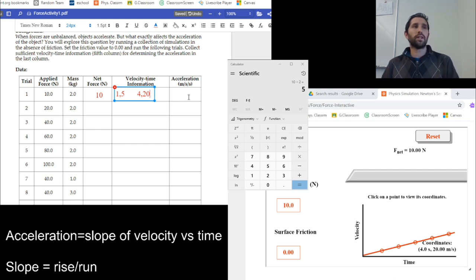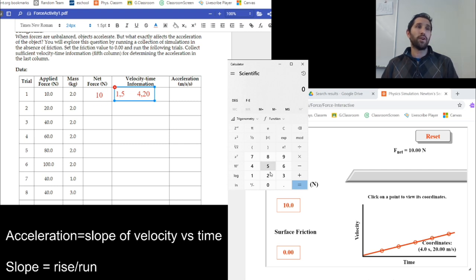To get the acceleration, I need the slope. Remember, slope is rise over run. So you're going to do y2, which is 20, minus y1, which is 5, over x2, which is 4, minus x1, which is 1. I'll take that into the calculator here just so you can follow along, but a lot of you might be able to figure it out in your head. It's a pretty straightforward number.